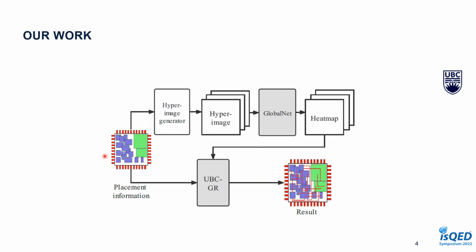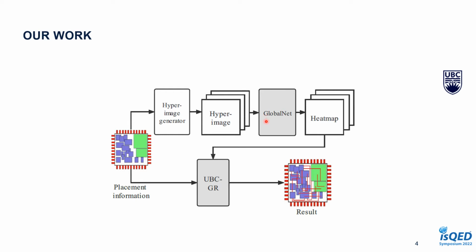So this is the workflow of our work. What we did was that we predicted the global routing condition based on placement information and used the predicted results to improve the performance of a global router. First, we used a hyperimage generator to extract features from the placement information, which is a netlist, and map them into a hyperimage.